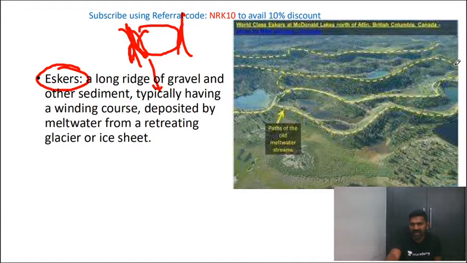When they are carried by a glacier, what will happen? These rocks will be aligned just like ridges, like this.